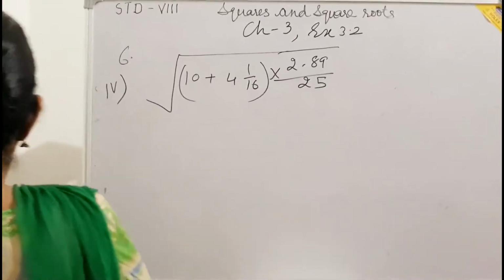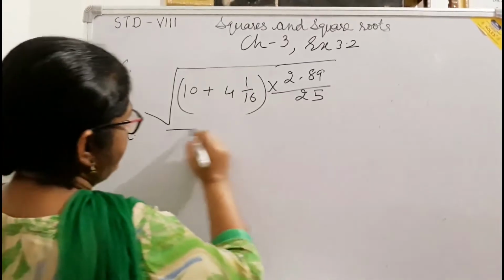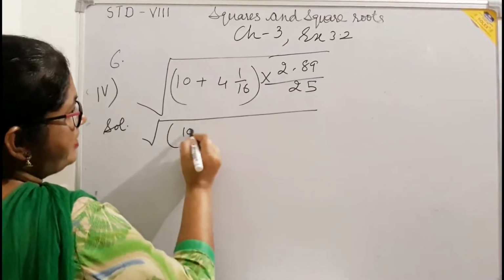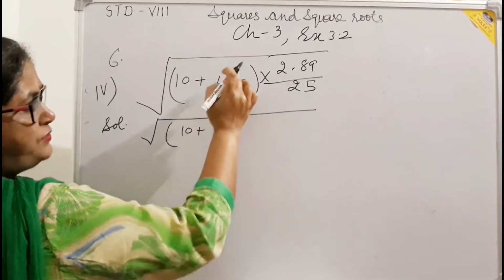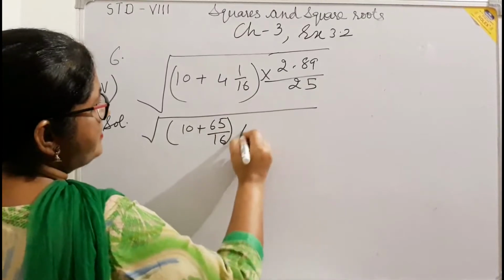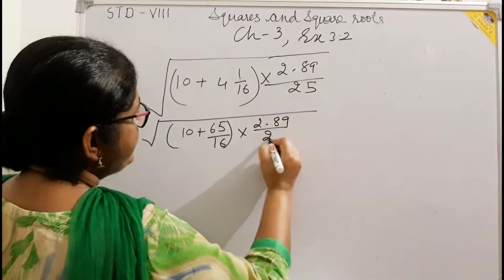Yes, solution. Plus, 16 4s are 64, 64 plus 1 is 65 over 16, multiply 2.89 over 25.